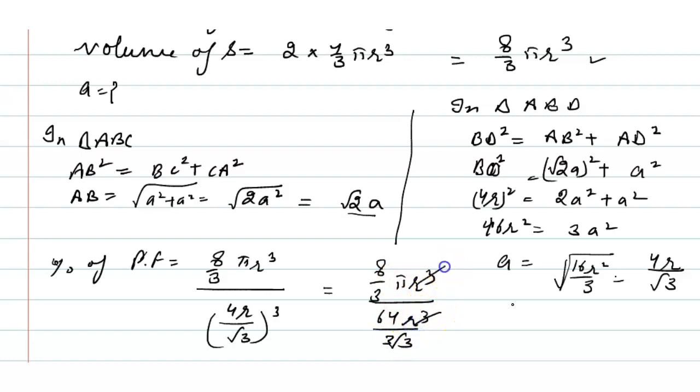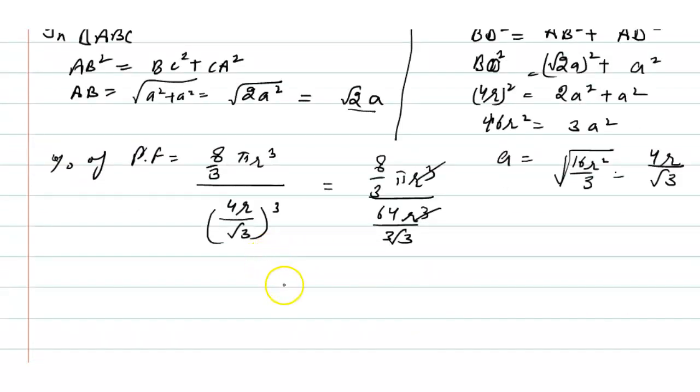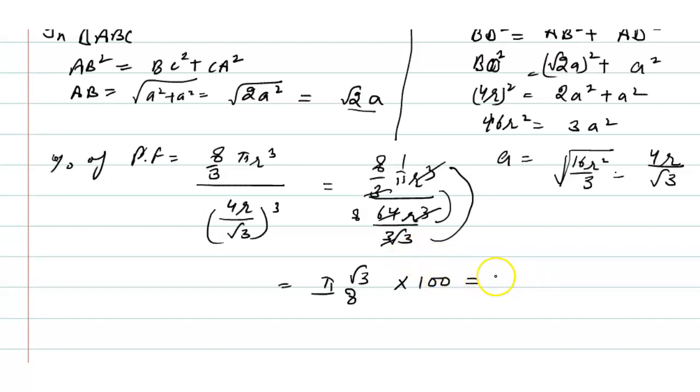So r cube is cancelled. Now further simplify. Here 8 ones are 8, 8 8s are 64. So we will get pi upon 8, 3s are. This one is multiplied with this and this one is multiplied with this. Here 3 is cancelled out with 3. So we will get root 3 pi upon 8 into 100, that is the percentage. Now if you solve this, we will get 68%.